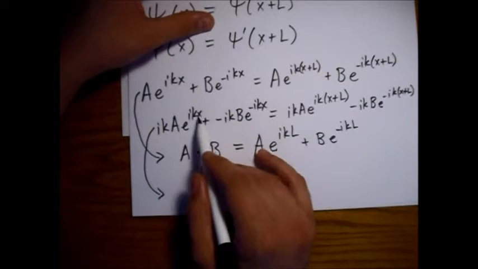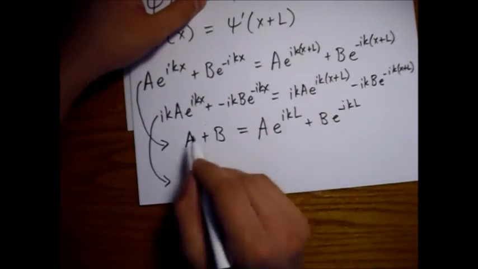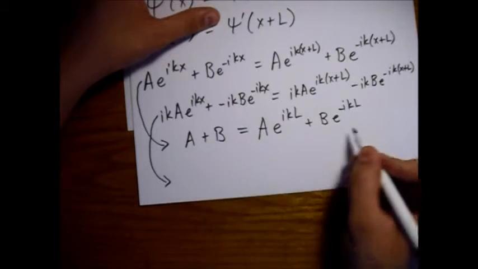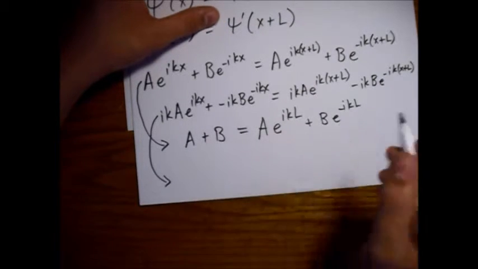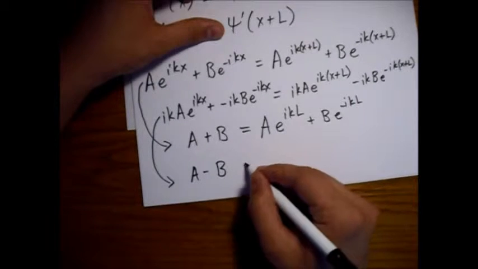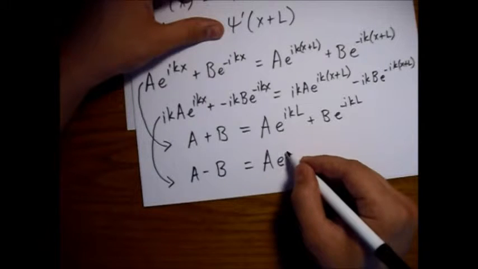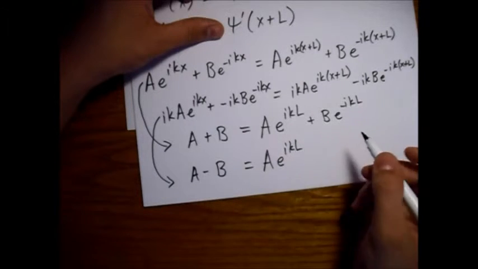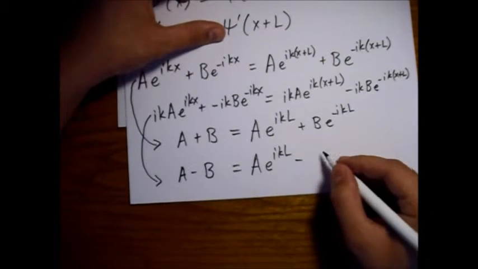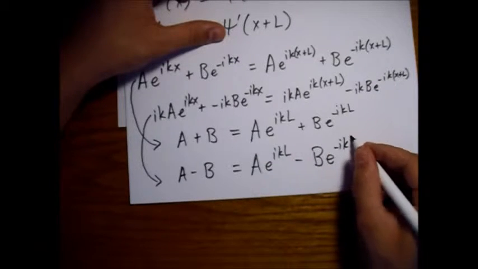And then we're also going to set x equal to 0, pick our origin. That looks just like this, except there's a minus sign. So a minus b equals a e to the i k L minus b e to the minus i k L.